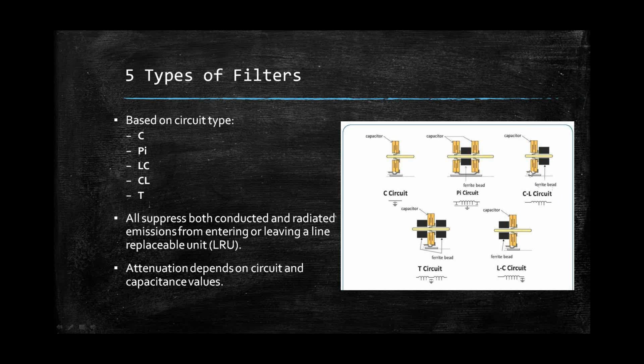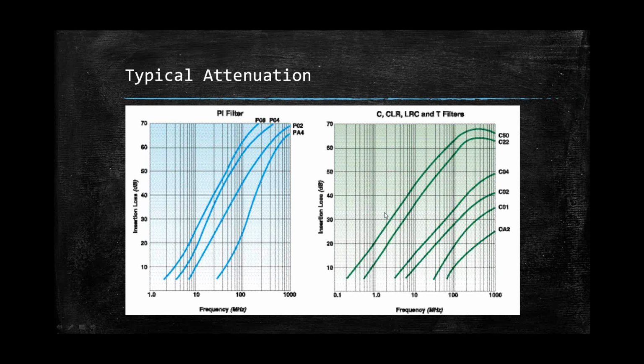Then what you can do is you can also have a C circuit or a capacitor with an inductive element behind it or in front. So that's the CL or the LC, as well as a T circuit, with the capacitor surrounded by 2 ferrites. Now the attenuation depends on the circuit, and here's a couple of samples of typical attenuation.